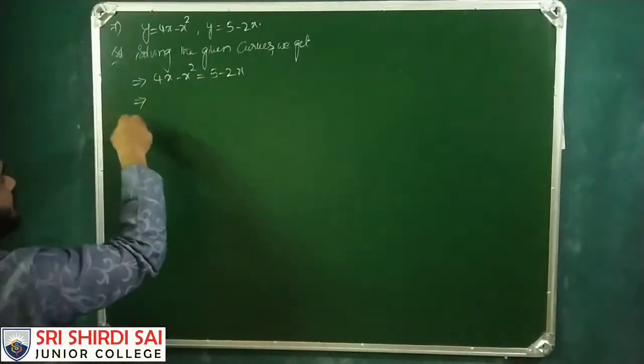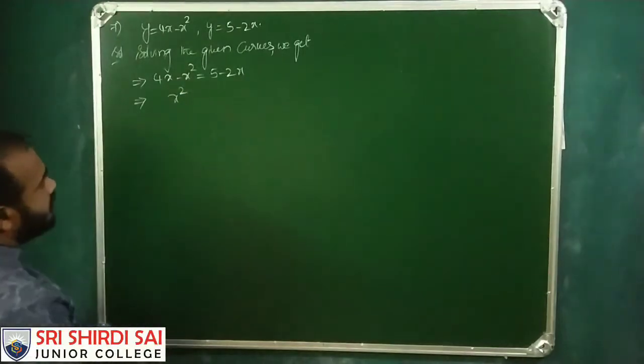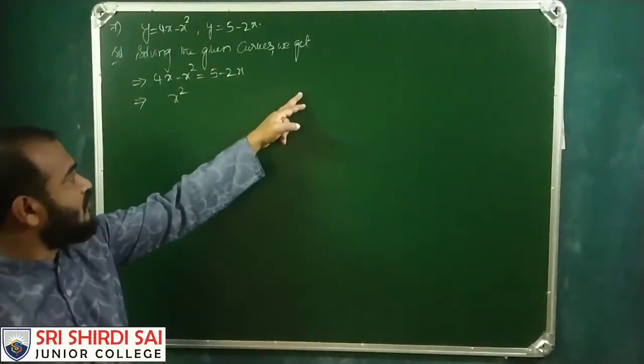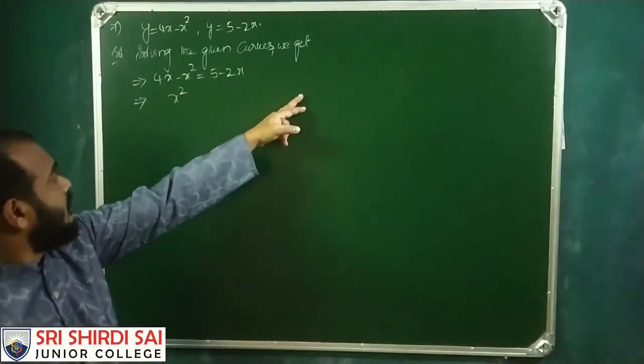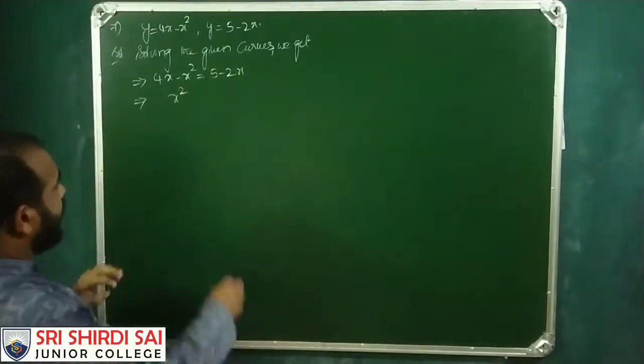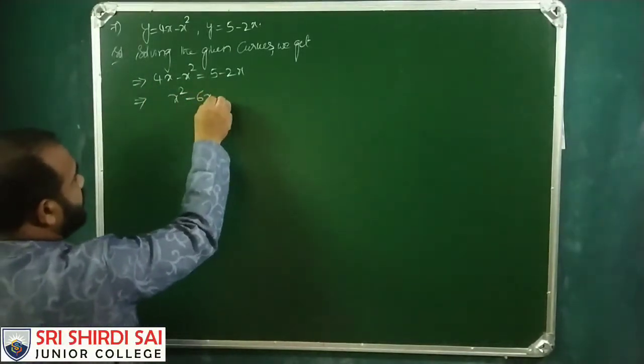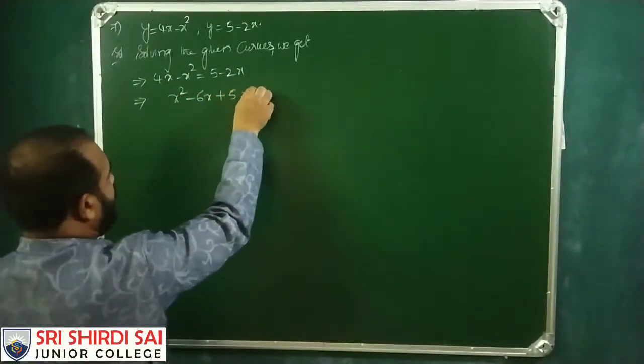If we transpose onto this side, plus x square, minus 2x minus 4x, minus 6x plus 5 equals 0.